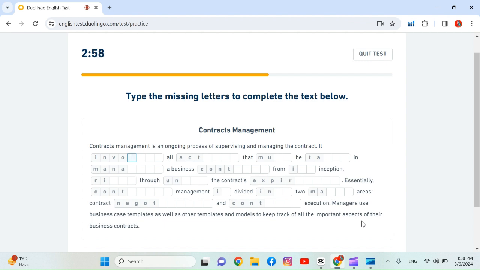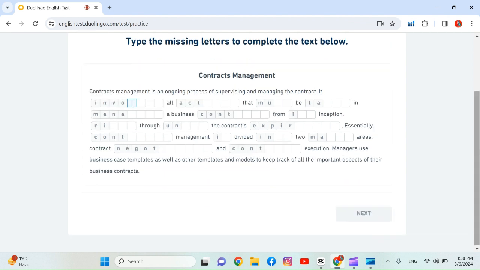Okay, contracts management. Contracts management is an ongoing process of supervising and managing the contract.